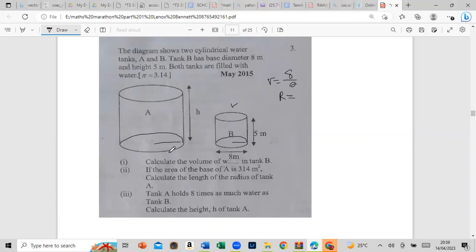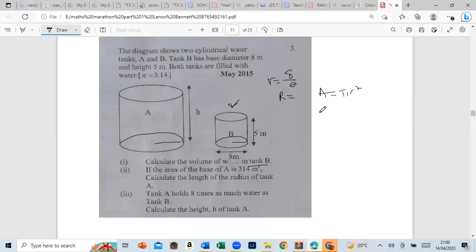All right, so let's focus on tank B first. The area equals pi r squared.